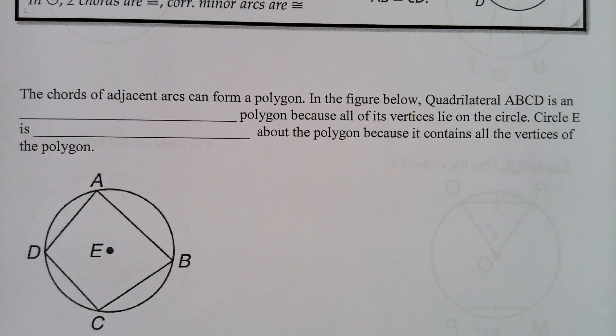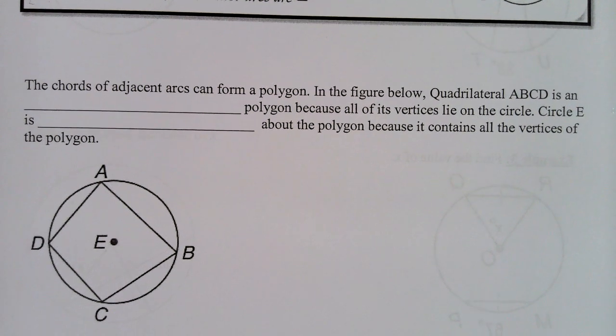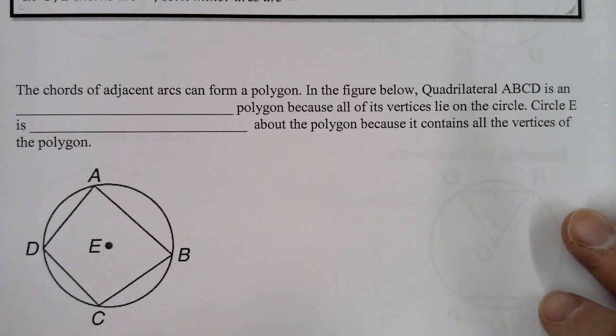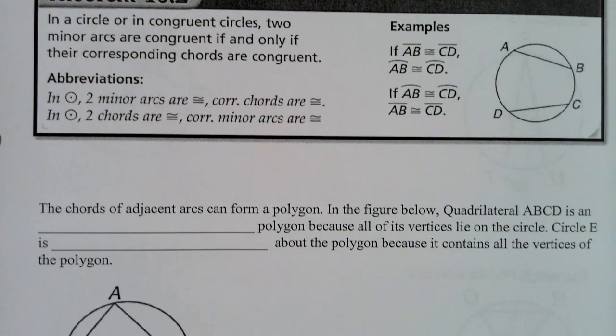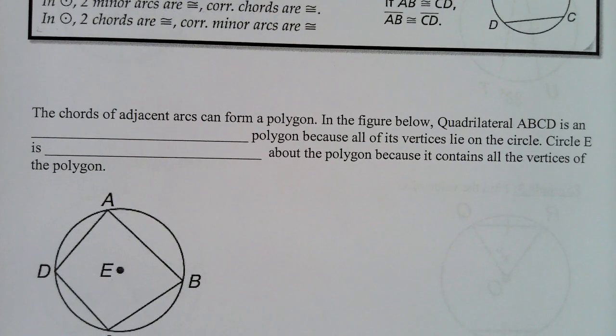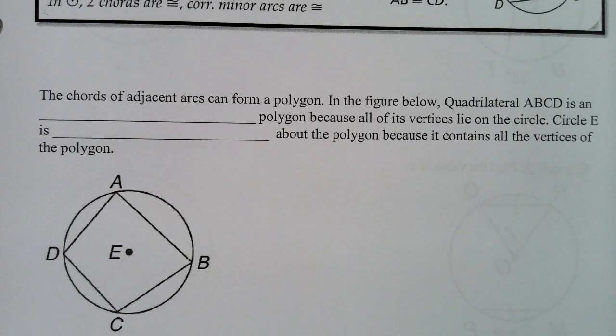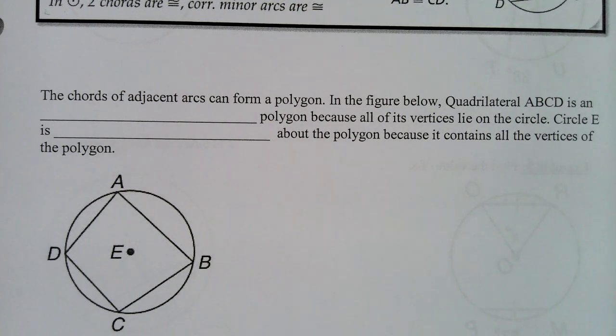Okay, moving on. The chords of adjacent arcs can form a polygon. We did polygons earlier. In the figure below, quadrilateral ABCD is an inscribed polygon.